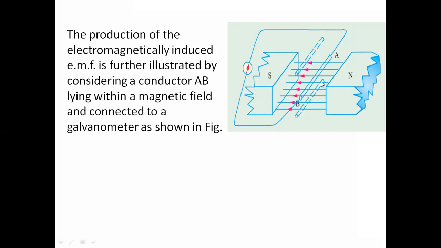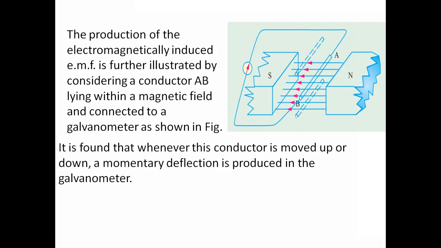See here, the dotted line indicates the different positions of this conductor, upper side and down side. By moving this conductor up and down, it causes an EMF in the coil. So that leads to generation of current in the coil, and it will be indicated by the meter.